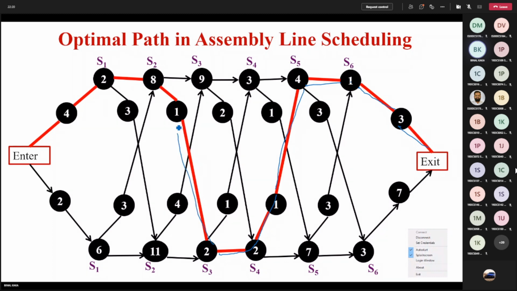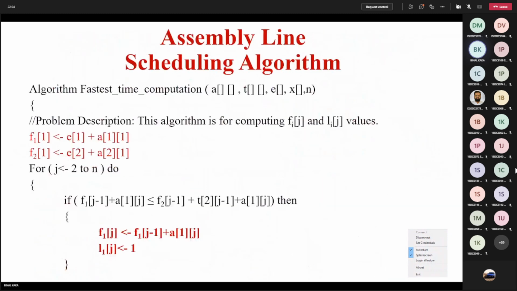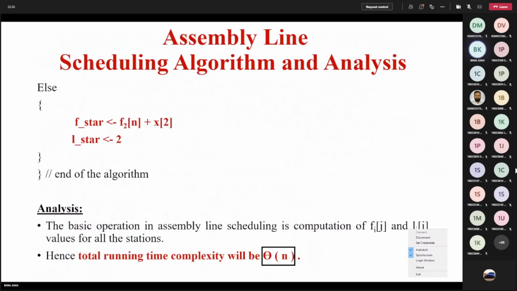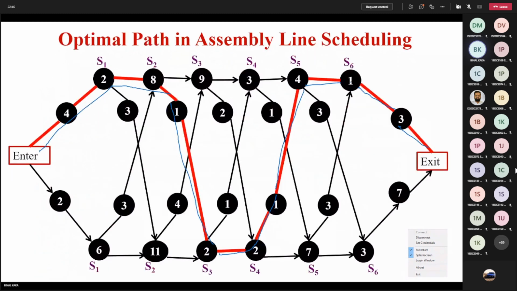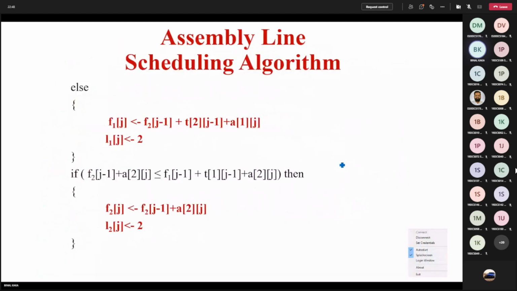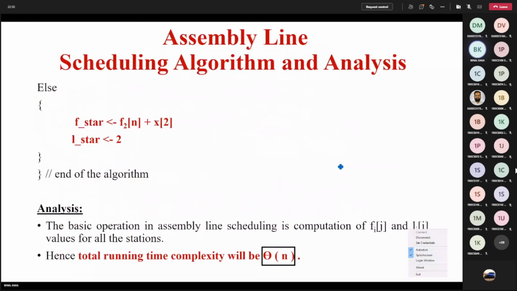After that you have to go for this, this, and this, because of which scheduling will get the value. So if we trace it like that, first we'll go for the first, then the second, and from both we go to whichever is minimum, then we go over here, then here, and then here. So this is the line which we follow, and accordingly it is drawn here, right? So this is the algorithm and how you can fill the table, right?